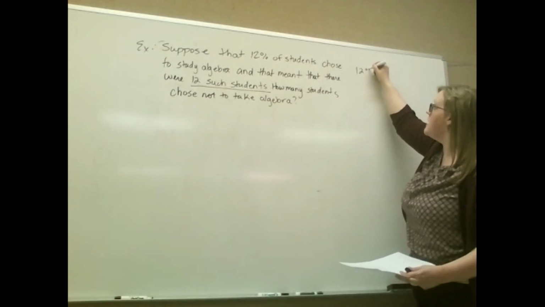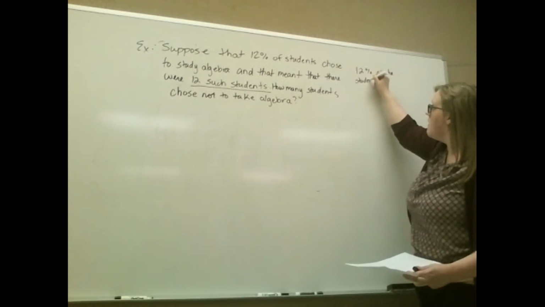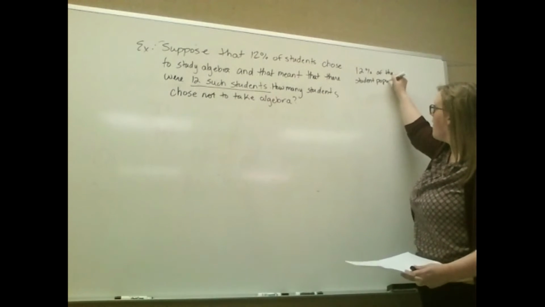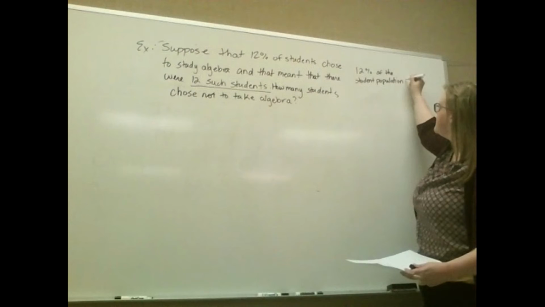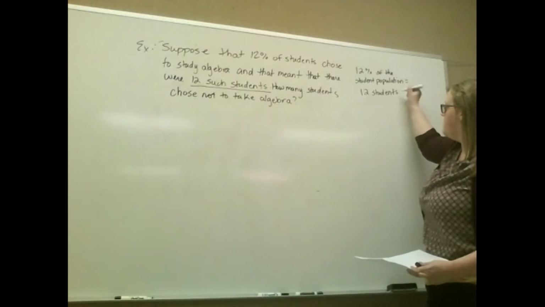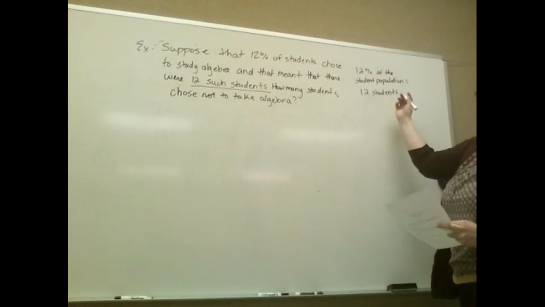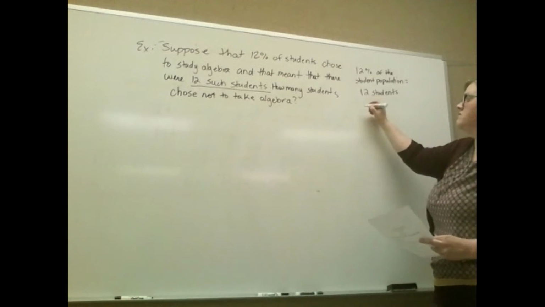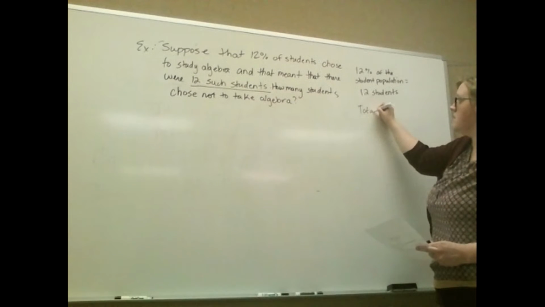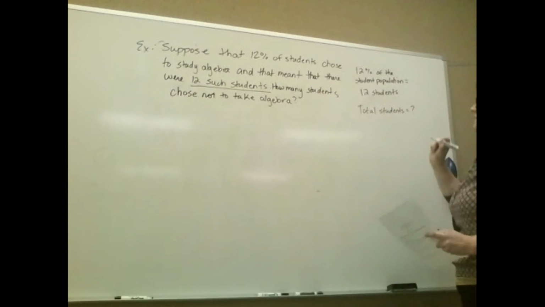So 12% of the student population is equal to 12 students. So we know that. Unfortunately, what we don't know is how many students there are overall. So total students is a mystery.